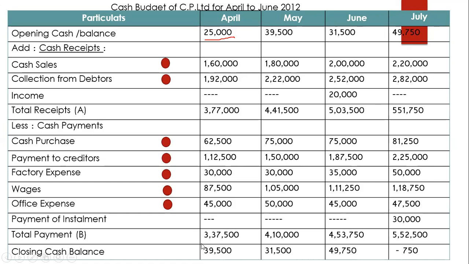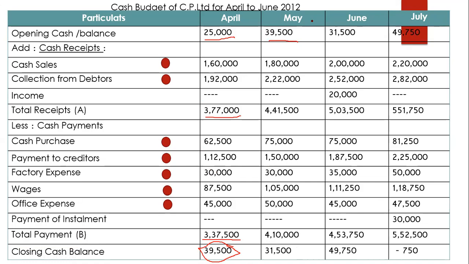Now we'll do the total of the payment side, that is 3,37,500 rupees. We will subtract this 3,37,500 from 3,77,000 and we'll get 39,500 rupees as closing cash balance. This will come as opening cash balance.